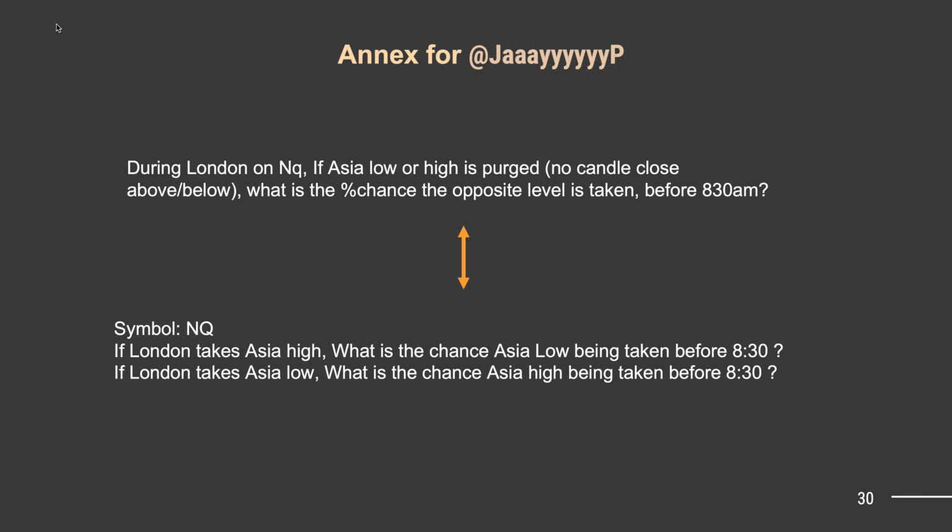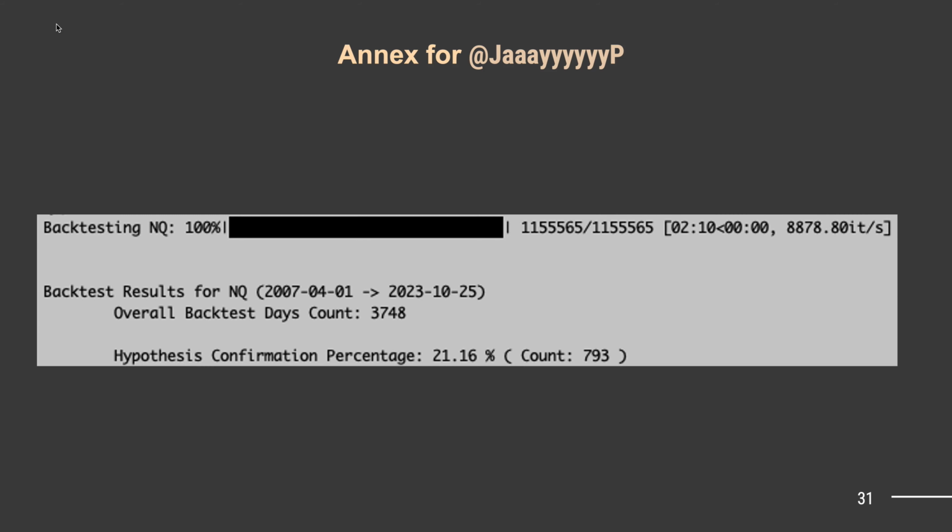And the opposite, if London takes the Asia low, what is the chance Asia high is taken before 8:30? I ran the test, and the answer is 21%. From 2007, we have nearly 15 years, more than 3,000 backtested days. We only have this hypothesis confirmed 21% of the time. I will give you additional results by DM.